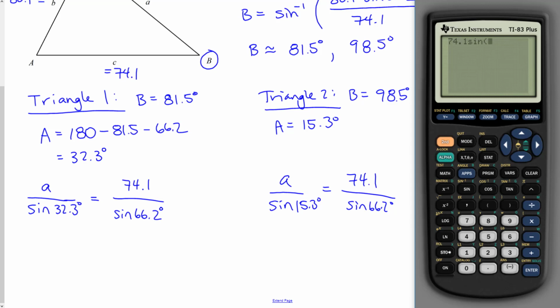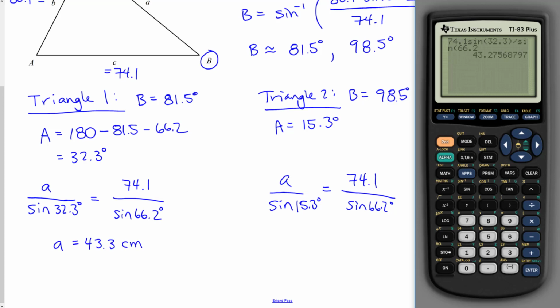74.1 times sine 32.3 divided by the sine of 66.2. And we get 43.2, or 43.3 when we round properly, that is.